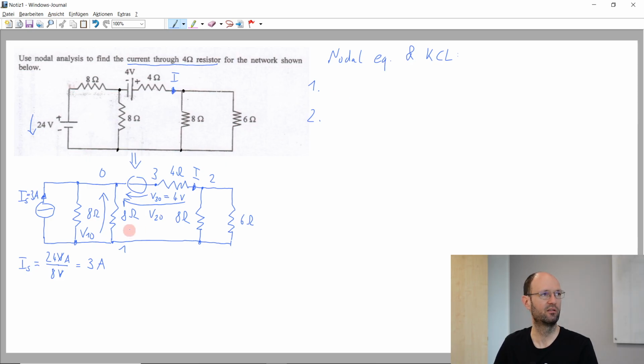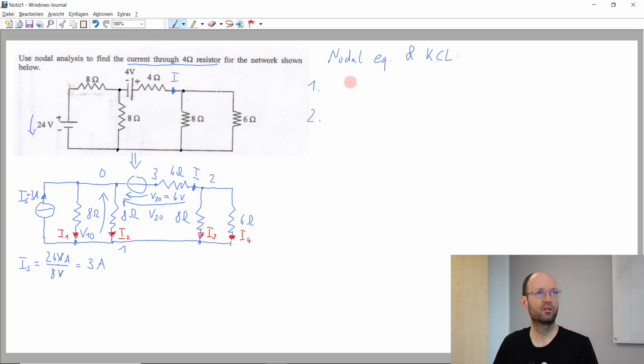So if we check here, maybe I will use different colors. So we have a current here, we have a current there, we have a current here and there. And I will just call these I1, I2, I3, and I4.